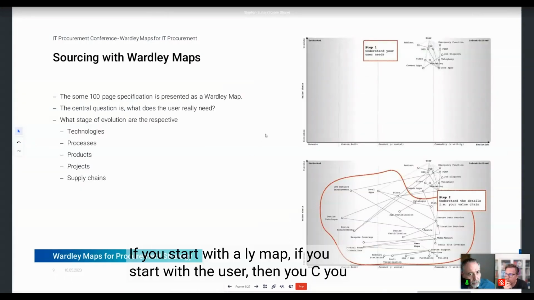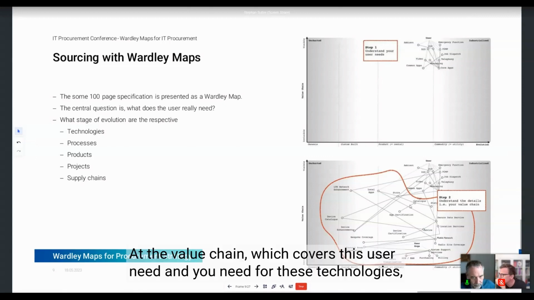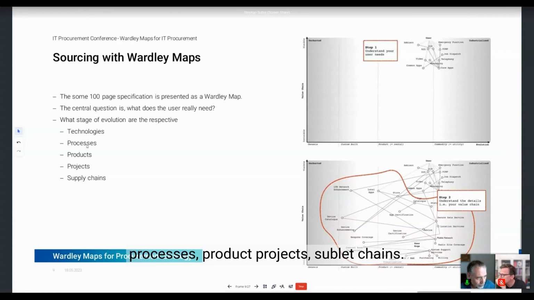If you start with a Wardley map, you start with the user, then you can understand the user needs. In step 2, you have a look at the value chain, which covers this user need, and you need for this technologies, processes, products, projects, supply chains.